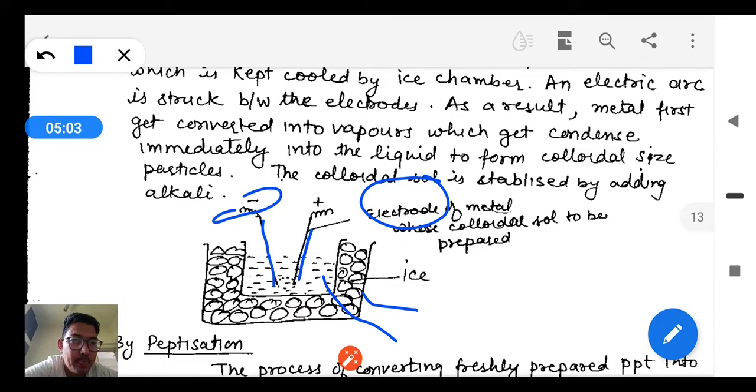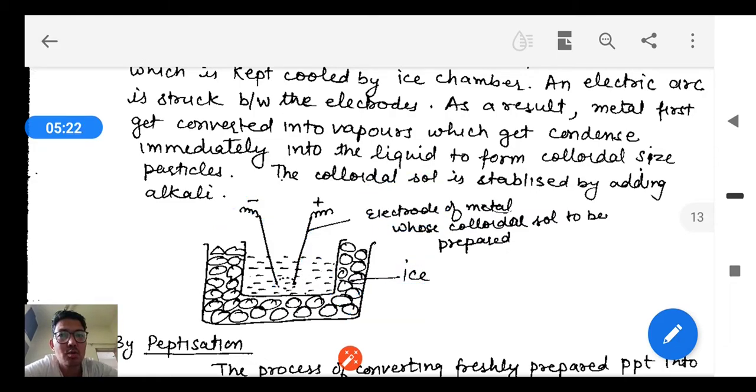evaporates. Okay, so as soon as the vapors of the metal are formed, they immediately condense because of the presence of this cold solvent or cold liquid. This is cold because of the ice present outside the container.